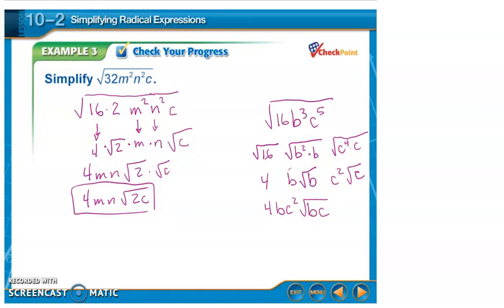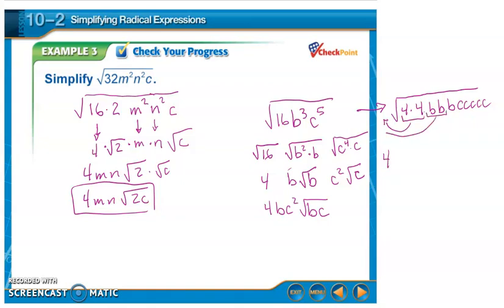And then one more way to look at this, you can expand these out completely. We'll do a different version here. 4 times 4 times b, b, b, c, c, c, c, c. So groups of 2 is what you're looking for, and they come out. So this is a 4. Here's a group of 2.